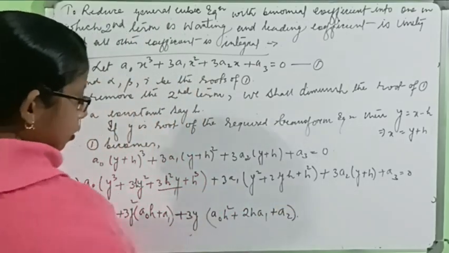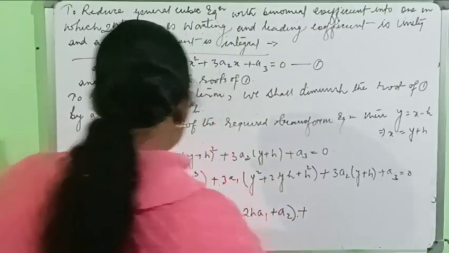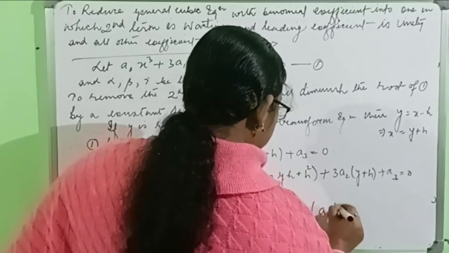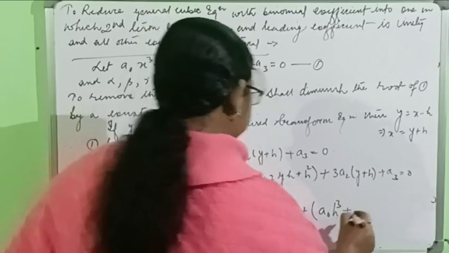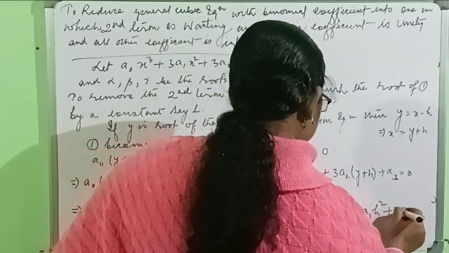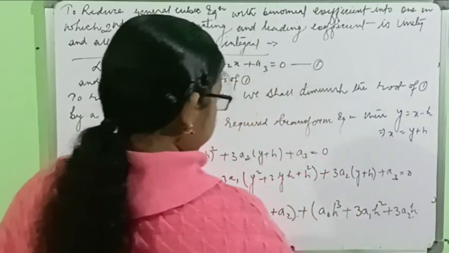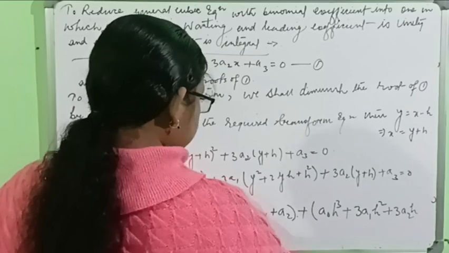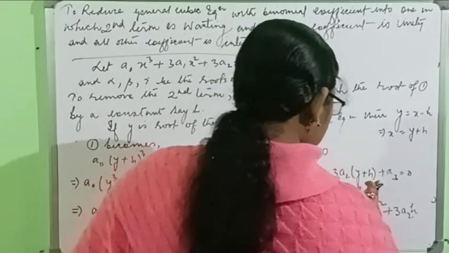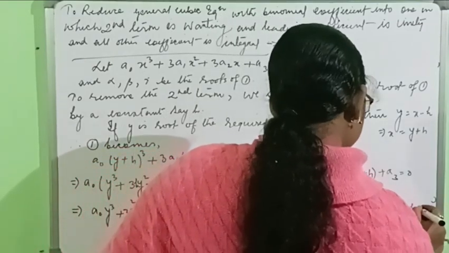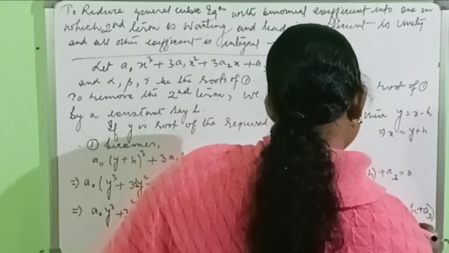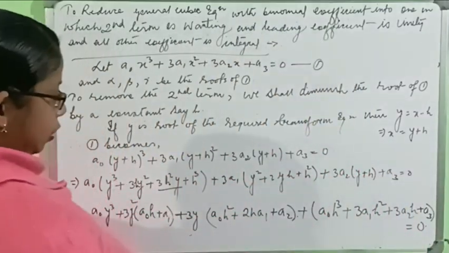Then the constant term: a naught h cube plus 3a1 h square plus 3a2 h plus a3, equal to 0.